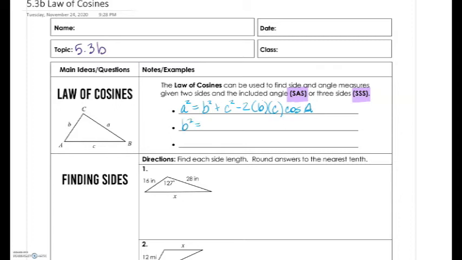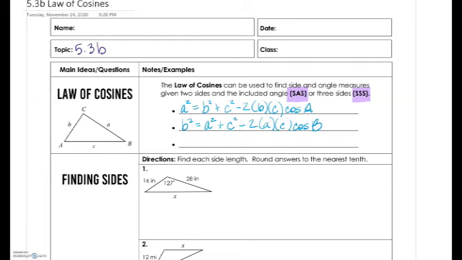For b squared, you will have a squared plus c squared, subtract 2 times a times c times the cosine of B.